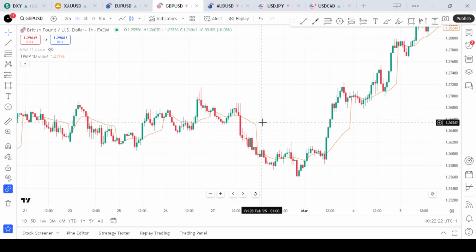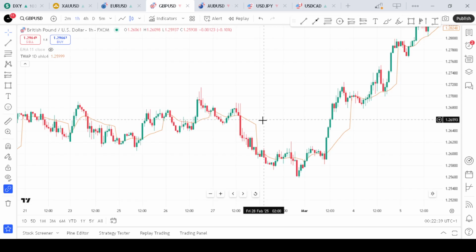The TWAP formula is simple. It calculates the average price of an asset over multiple intervals by summing up the prices at each interval and dividing by the total number of intervals.